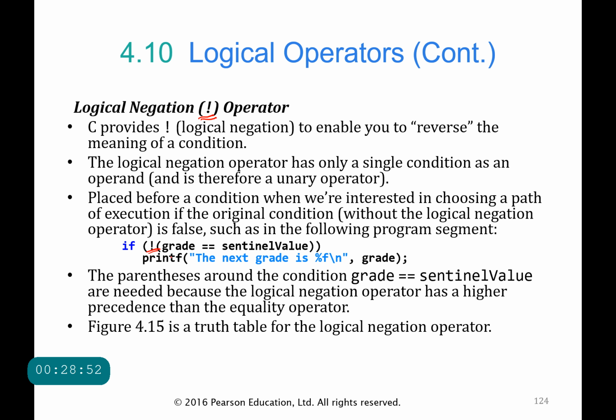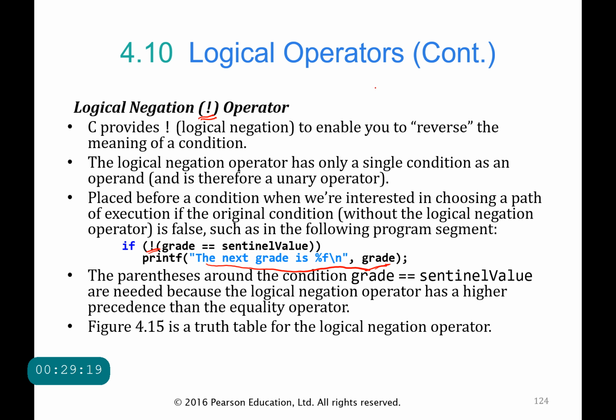So in this case, if the grade is sentinel value, what you say is if the grade is not sentinel value, that's how it is interpreted, then the next grade is printed, right?